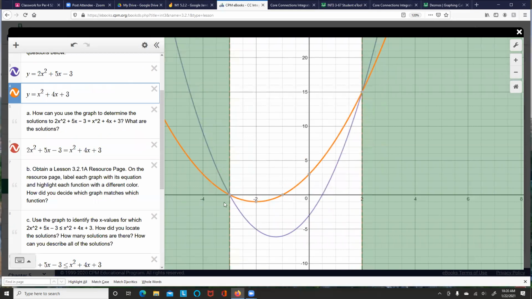We say x is, let me get my writing tool here, and you're going to write this on the bottom of your resource page, or, well, you're going to write this in your notebook, and then you'll graph it. So it's going to say x is this way, which is, so we have to do them separately. We can't do them together.